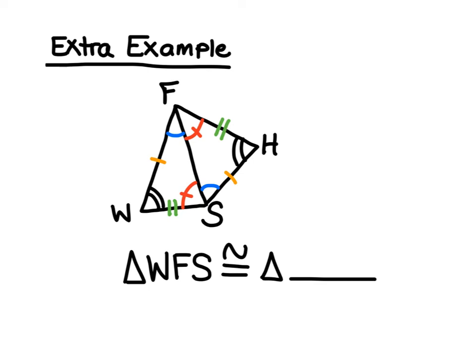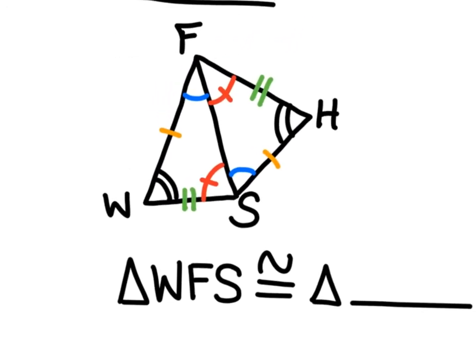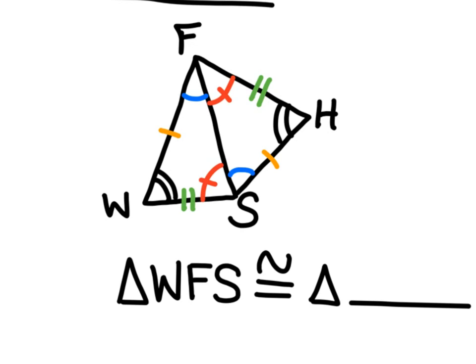Let's see. It says, here's a picture with a bunch of congruent things. If and then it says triangle WFS is congruent to which triangle? The only reason I'm pointing this out is because it is important the way you name the second triangle. Okay, WFS is this double black mark angle. F is the blue, and S is the red. So we go black, blue, red.